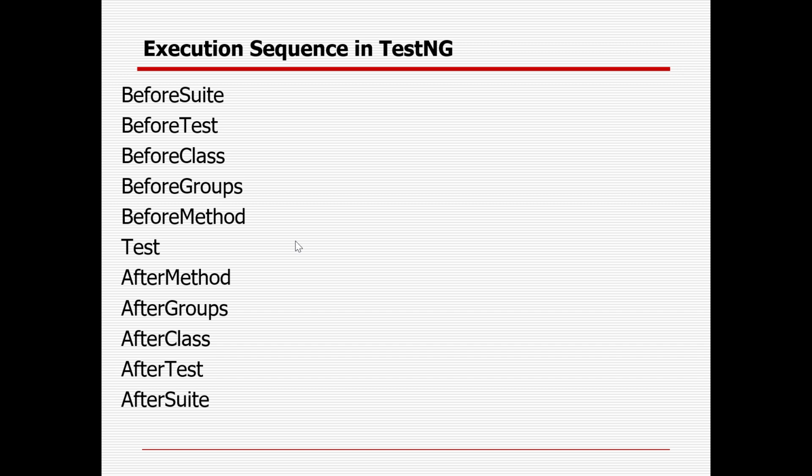BeforeClass, in case you are having one class, will be executed only one time, but in case you are having multiple classes, it will be executed multiple times. BeforeGroups, in case you are having multiple groups, and BeforeMethod, in case you are having multiple methods, will be executed multiple times, otherwise only one time. Then your test case will be executed, and after that all the After annotations will be executed. So the suite will be executed last. That is the sequence: suite, test, group, class, method, and after that, after method, group, class, test, and suite.